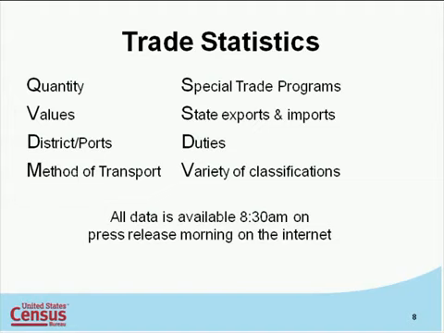District of export for exports, district of unlading, and district of entry for imports. Method of transportation includes air, vessel, containerized vessel, and others. Special trade programs such as goods imported under NAFTA or the GSP, exports and imports by state, and a variety of classification systems as we'll see next.